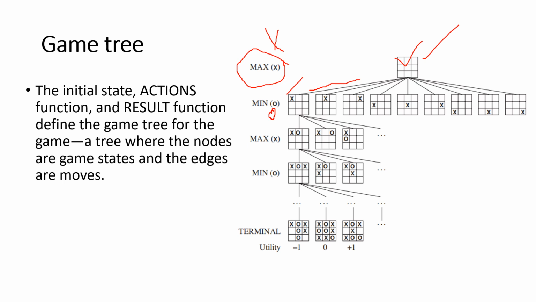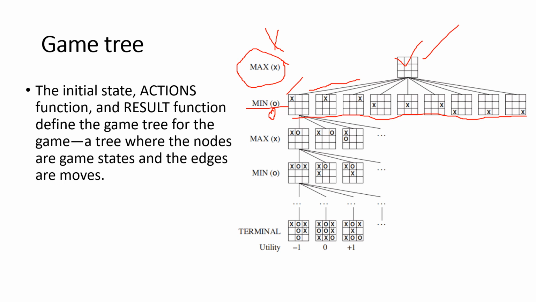Then at the first level, it is MIN's turn. After MAX places X in one position, this level shows the possible locations of X on the board. Each child node shows a different possible X move, and the next player is MIN.